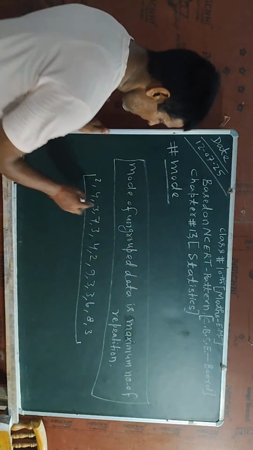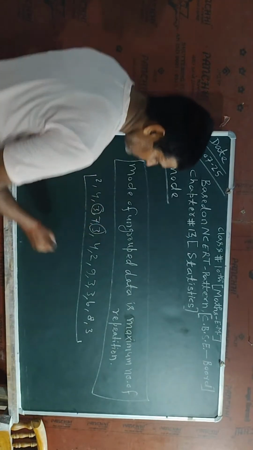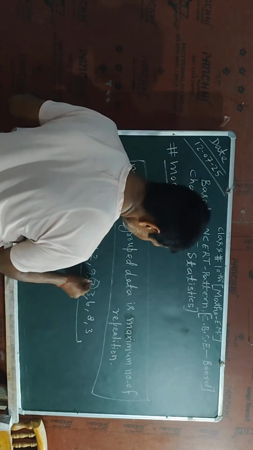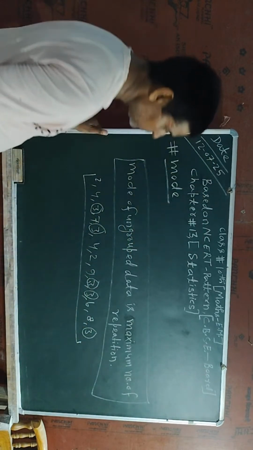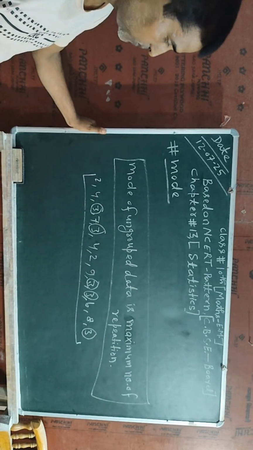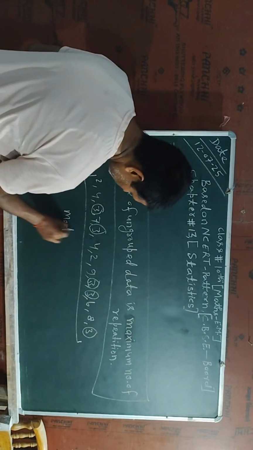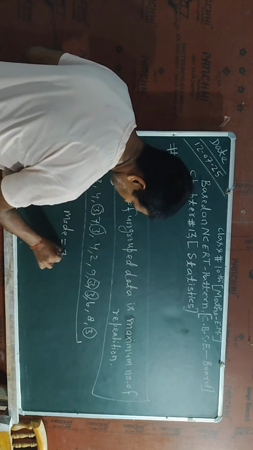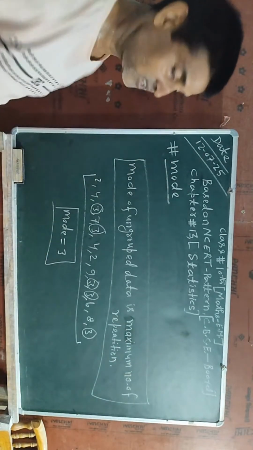Here I am looking: 1 time, 2 times, 3 times, 4 times, 5 times. So 3 has the maximum number of repetitions, so its mod value will be 3. So mod is the maximum number of repetitions.